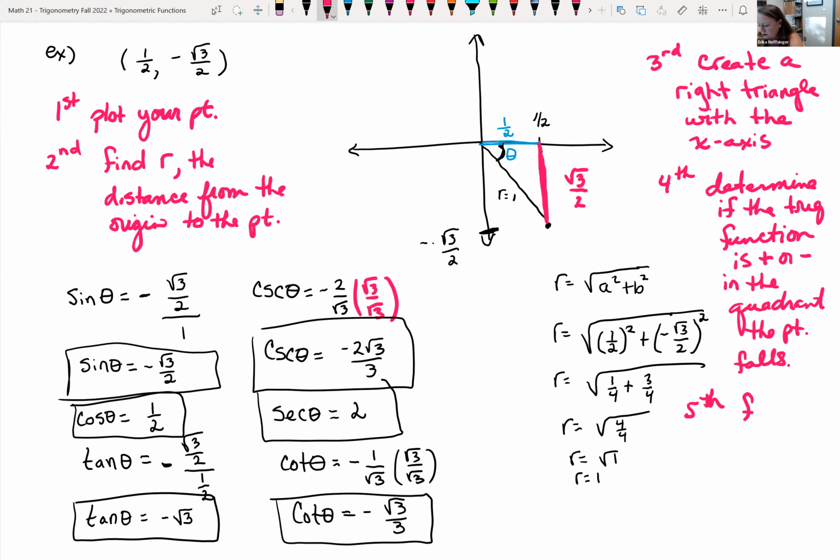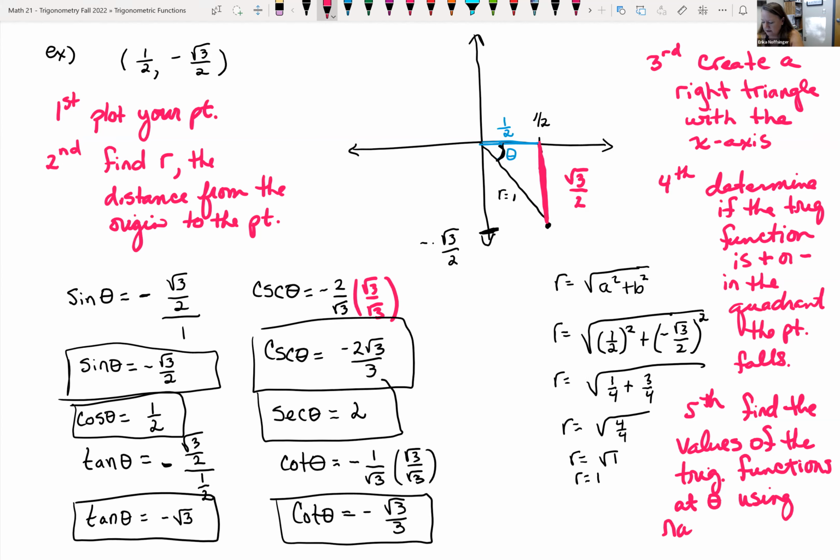So find the values of the trigonometric functions at theta using the ratio of sides of the triangle we created.